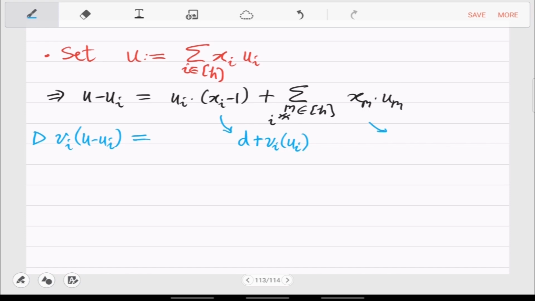and this part, Vi of xm um. Yeah, but I want the valuation of the sum. Can I control that?